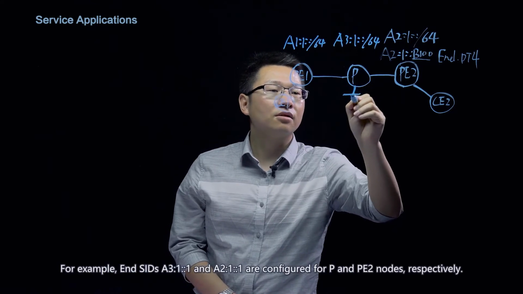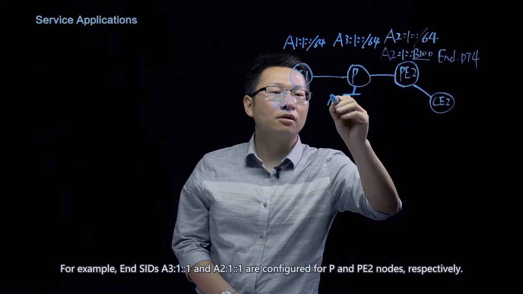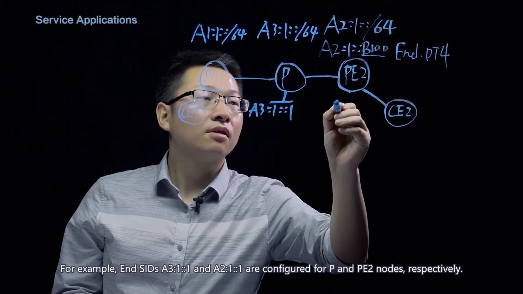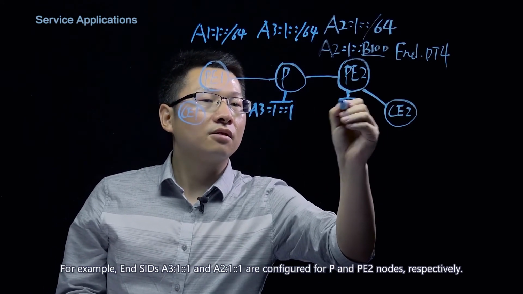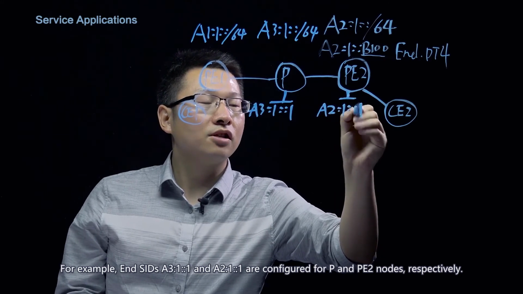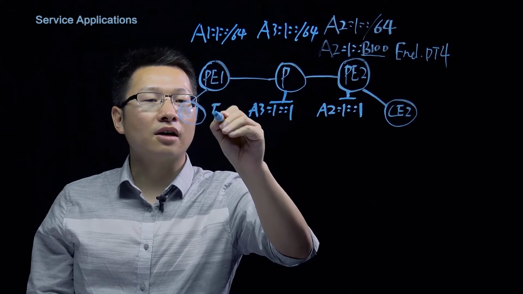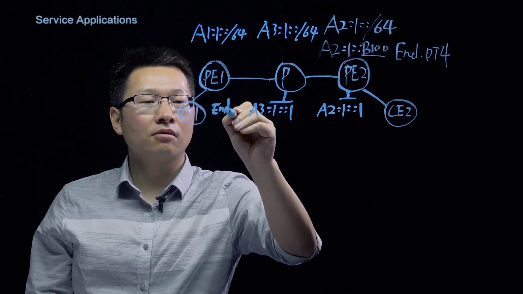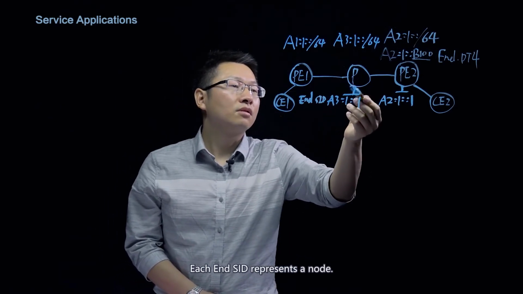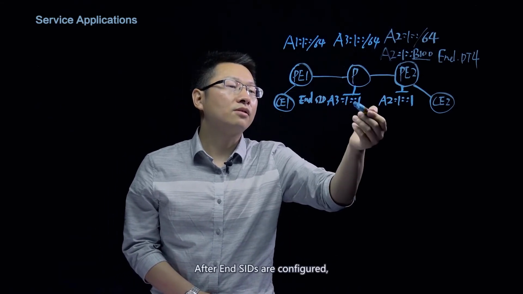Then End SIDs are configured within the range of the locator. For example, End SIDs A3:1::1 and A2:1::1 are configured for the P and PE2 nodes, respectively. Each End SID represents a node.